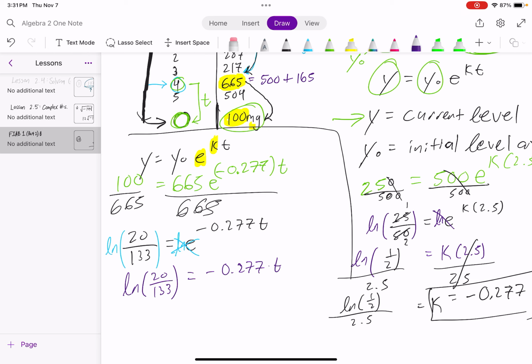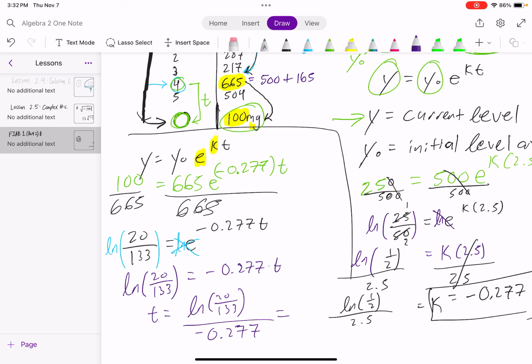And if we divide, we get t is equal to ln of 20 over 133 over negative 0.277, which is ln of 20 over 133.